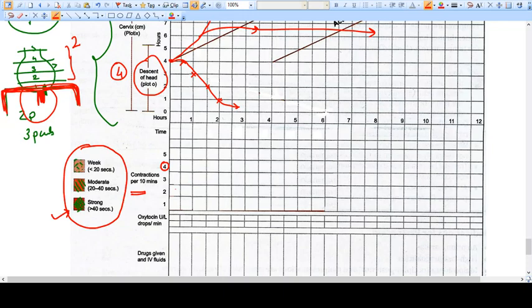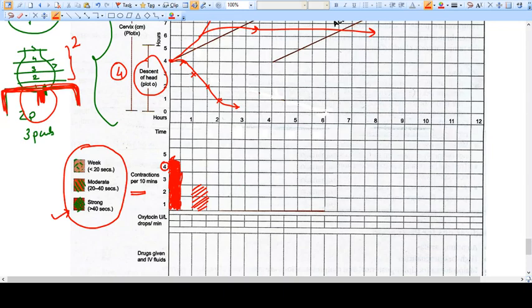If it is strong contraction, strong 4 contractions, we just put like this. This much of darkness should be there in the column 4. See, I have completed 4 cells. Okay, if that patient has 2 contractions per 10 minutes of moderate quality, then we put like this, 2 contractions.